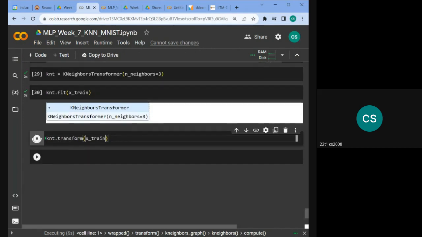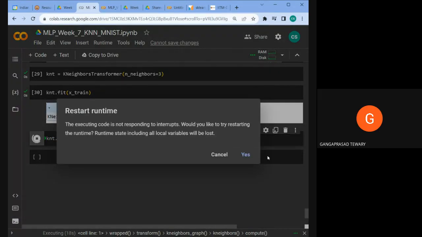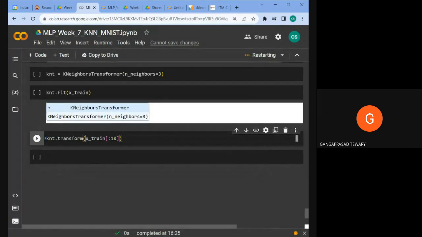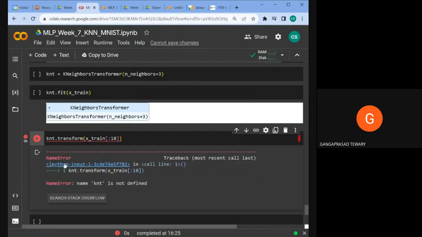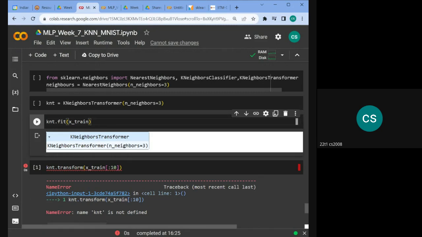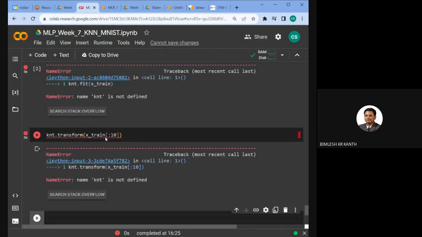It may take too much time. We can take some smaller data. T is not defined. No, you'll have to rerun the collab.